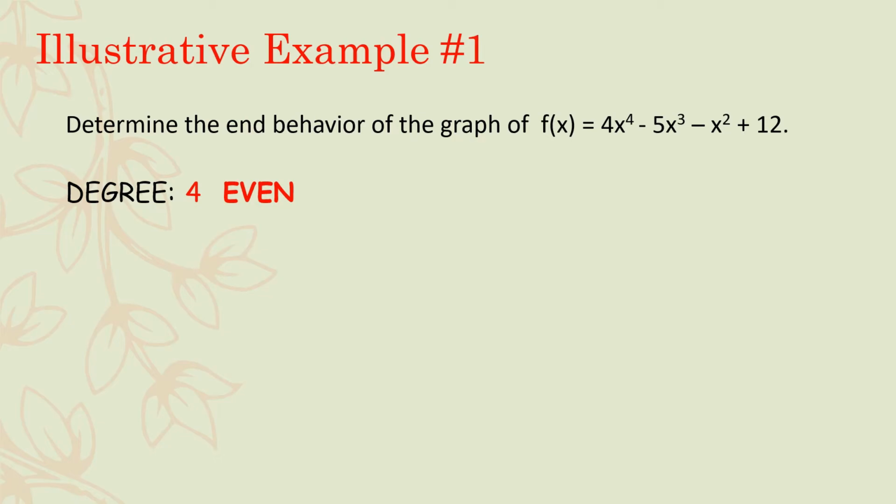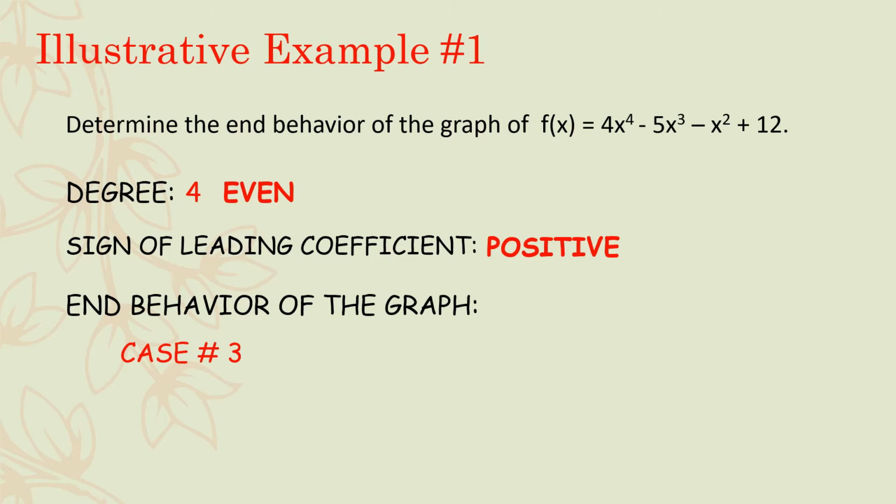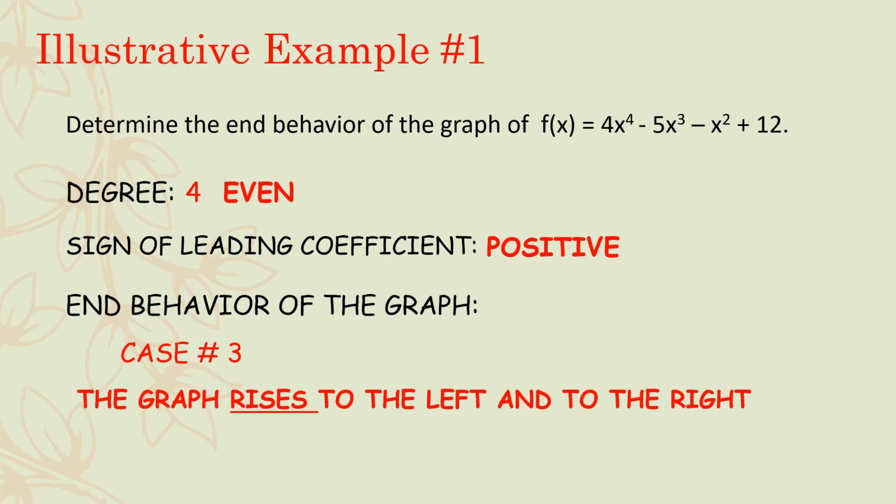To determine which case, you have to determine the sign of the leading coefficient, which is positive for this one. So the degree is even and the leading coefficient is positive, so this is case number 3. In case number 3, the end behavior is that the graph rises to the left and to the right.